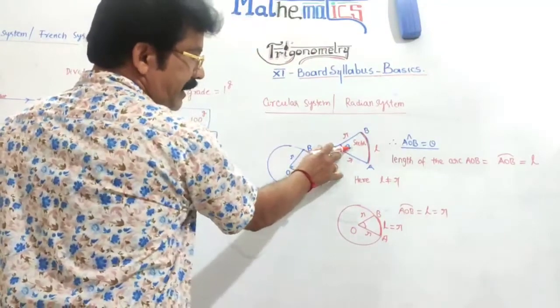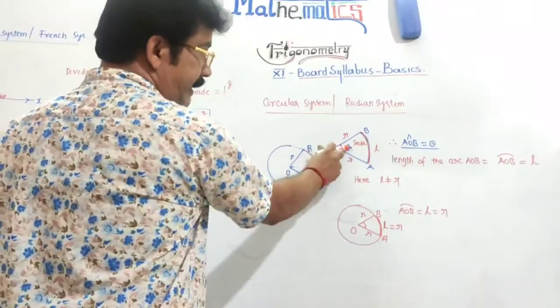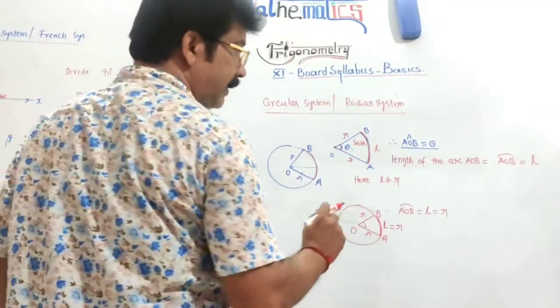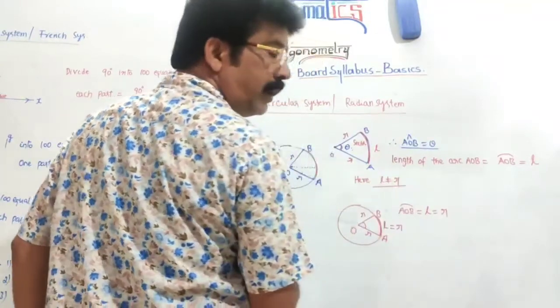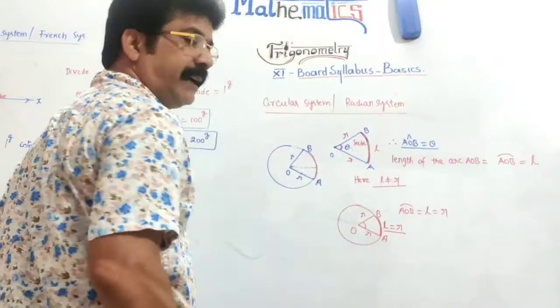So there is a vital difference between these two diagrams. What is the difference? L is not equal to R in the first diagram, L is equal to R in the second diagram.